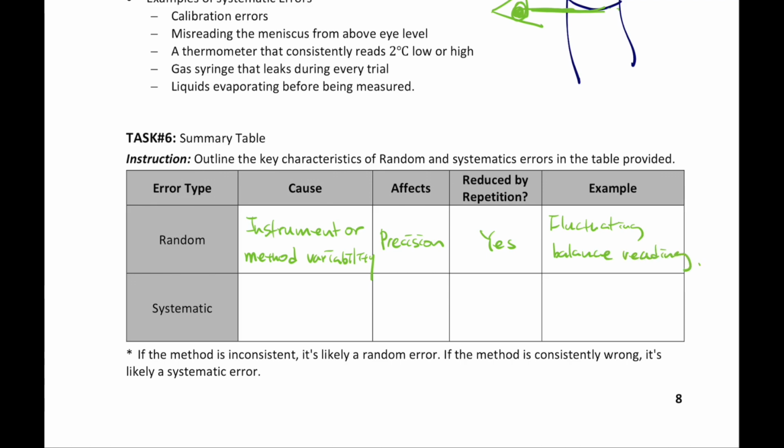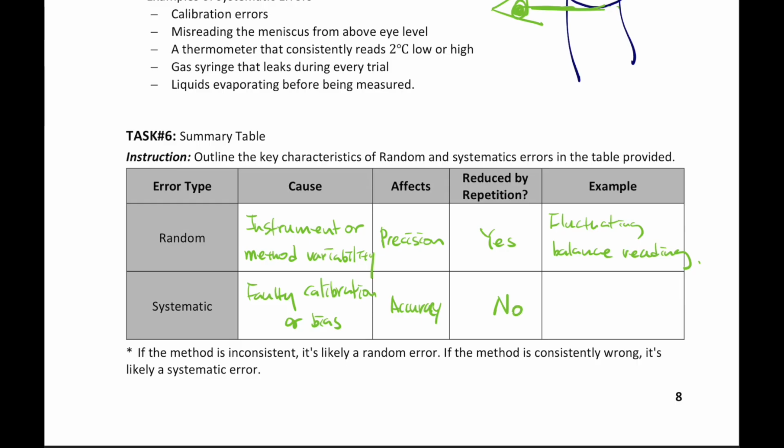Systemic error is always caused by, for example, faulty calibration or bias, and it affects accuracy. Can it be reduced by repetition? No. An example is misreading all volume readings the same way. So we can conclude that if the method is inconsistent, it's likely a random error. If the method is consistently wrong, it's likely a systemic error.